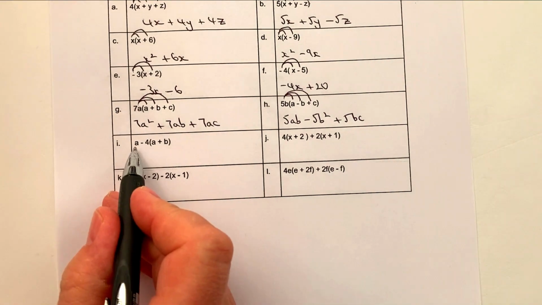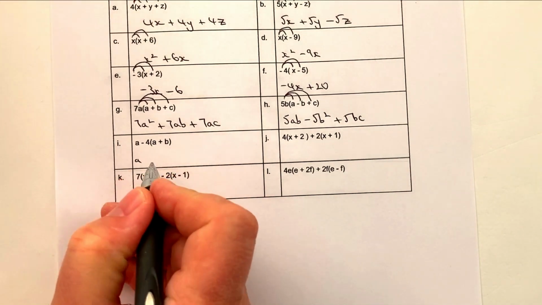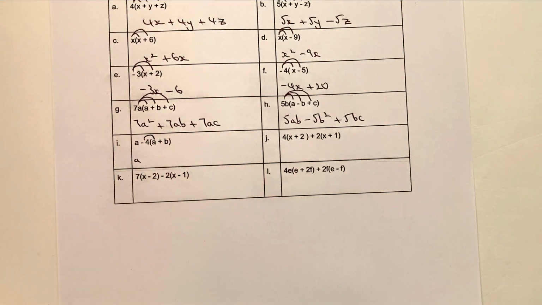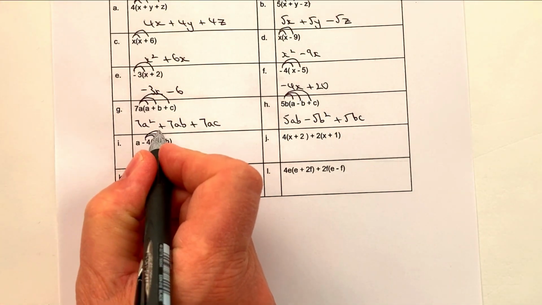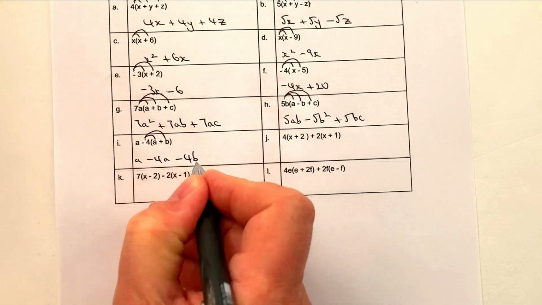Okay, so this one you need to be a little bit careful of because we're looking at BIDMAS. So this A is on its own, but before we do anything else, we have to do the multiplication. So I've got minus 4 times A is minus 4A, and then I've got minus 4 times plus B is minus 4b.